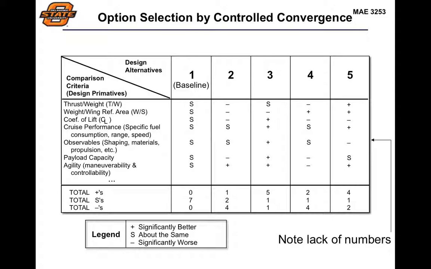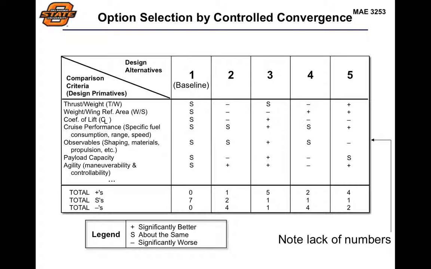In this case, you're looking purely subjectively and saying, hey, for all these parameters that we have on the left-hand side, our baseline is where we're starting from, and then we look at each other design, 2, 3, 4, 5, and each one of those parameters and say, well, is it substantially better, or is it substantially worse in this particular performance area that I'm looking at? Then you can sum all those up, weight them, and then come up with a final number.